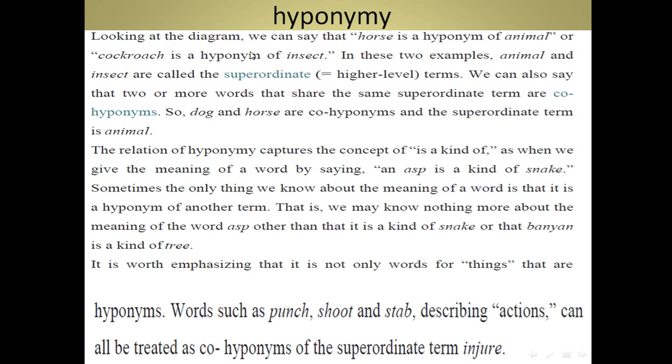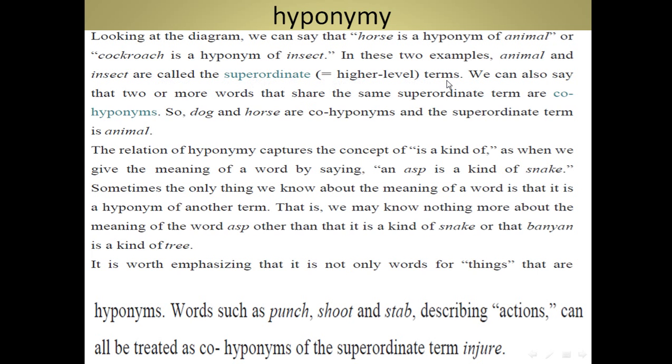Looking at the diagram, we can say that horse is a hyponym of animal, or cockroach is a hyponym of insect. In these two examples, animal and insect are called the superordinate, which means higher level terms, right?